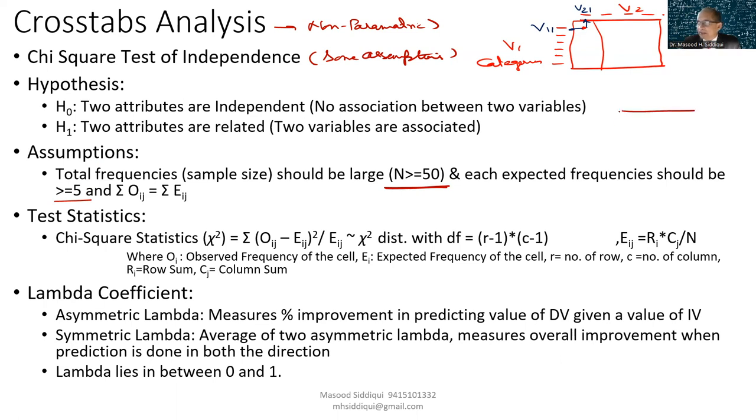I will take an example here. Suppose we want to examine whether passing the examination and gender are related or not. So what is the hypothesis that we are going to examine?